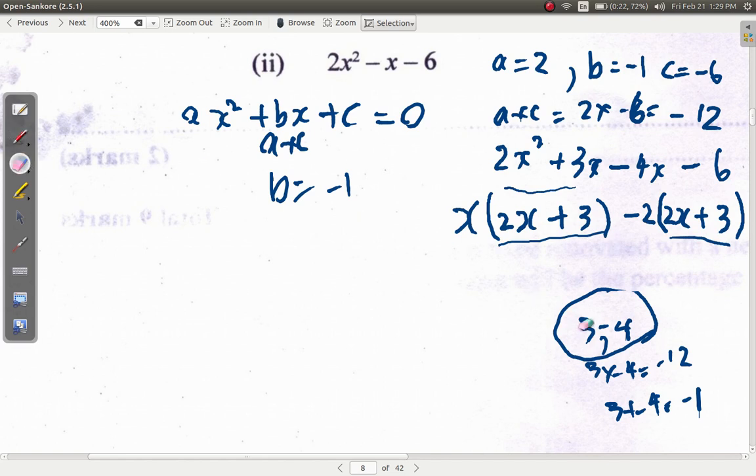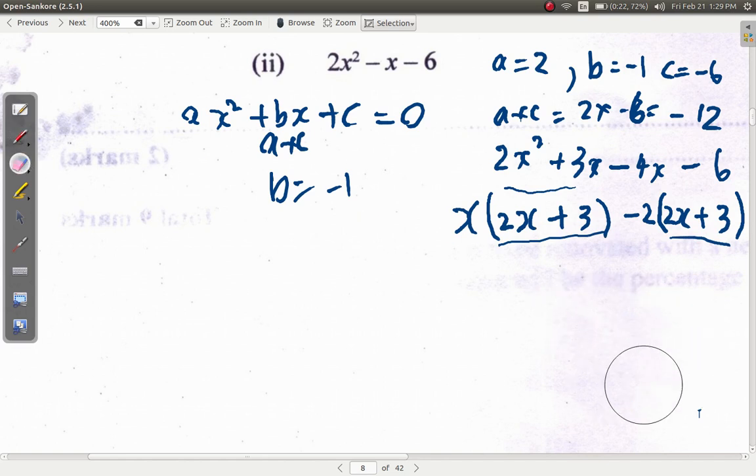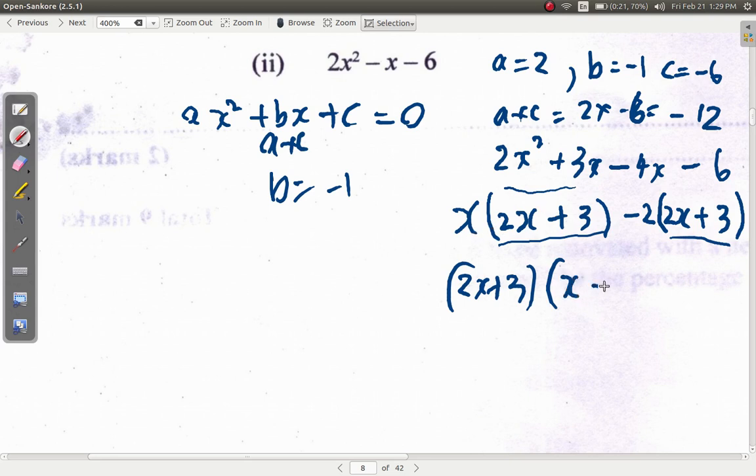Alright? So what you will do now is take the 2x plus 3 as a common factor and put the 2x plus 3 outside a new bracket. 2x plus 3 times this will give you x by 2x plus 3. It is x.